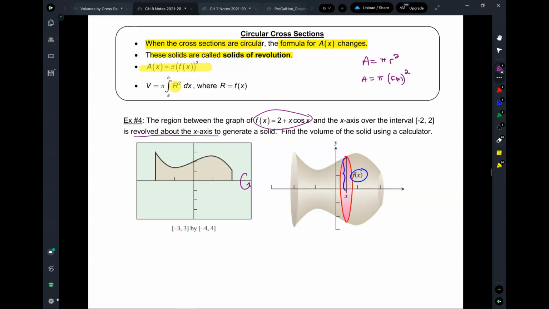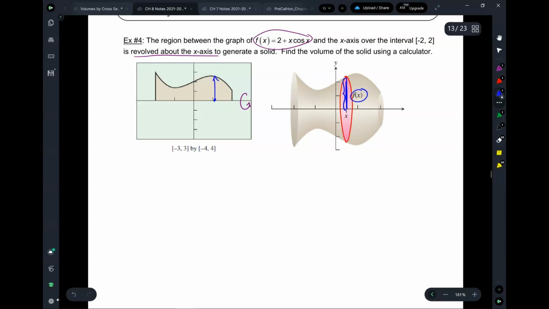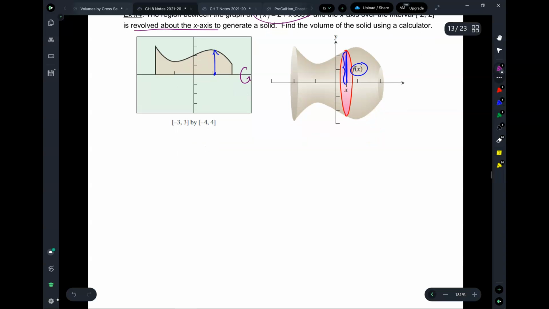And the cross sections here are going to be circles. And like we said, the radius of that circle is just f of x because it goes from the x-axis up to the curve. So the area then is just pi f of x squared.